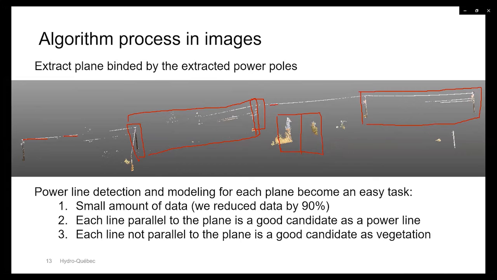So it becomes really easy for our algorithm to detect good candidates as being part of a power line. And if our algorithm also detects lines that are not parallel to our plane, it means maybe it's trees or vegetation or branches, and that's important information later to detect the intrusion by vegetation.